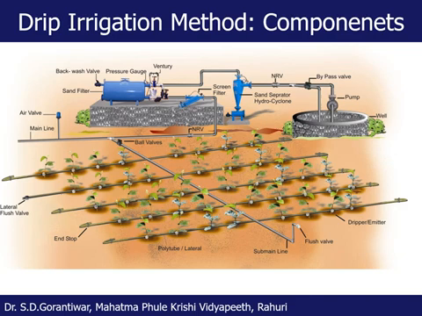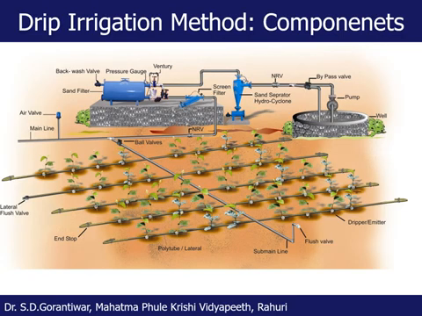There may be 2 drippers per plant, or in row crops the drippers are installed in such a way that the entire width of the row of the plant is wetted. The spacing between plants may be different, and spacing between the drippers on the lateral may be different, because it depends on the soil type, as we'll see later on.